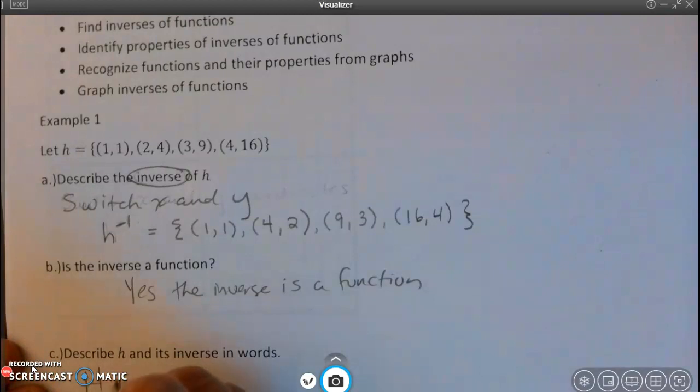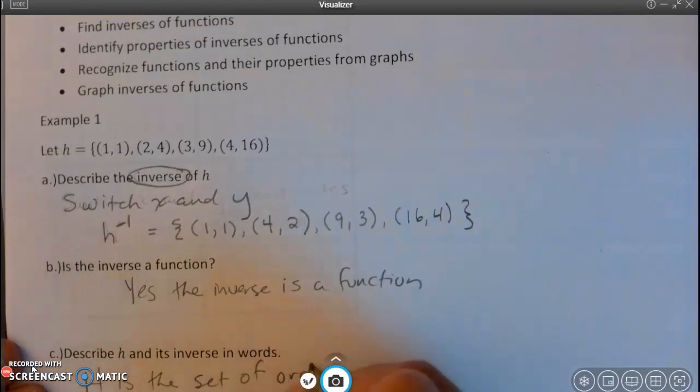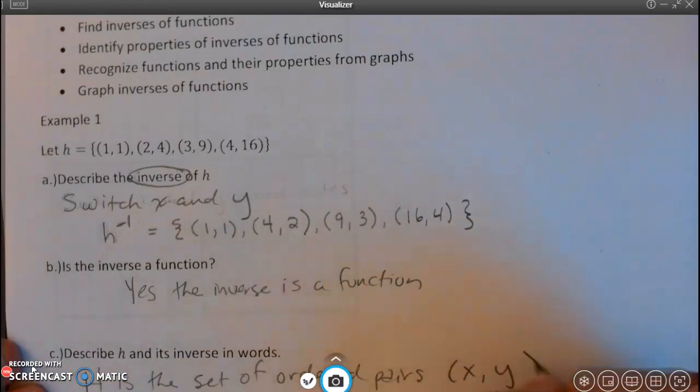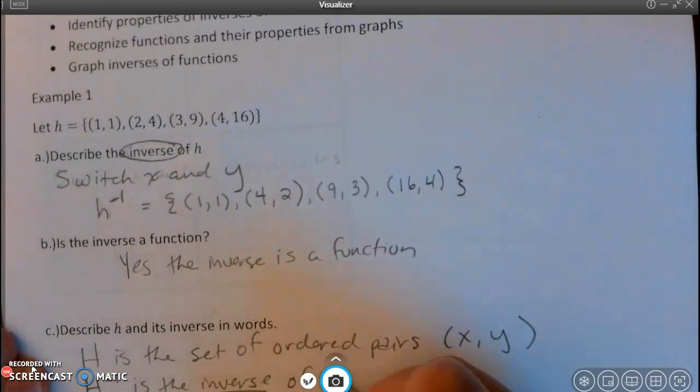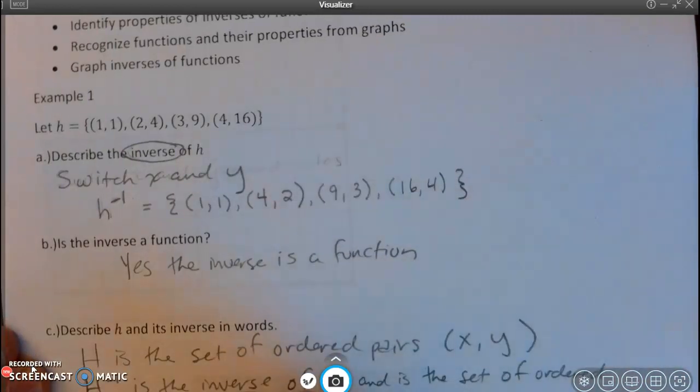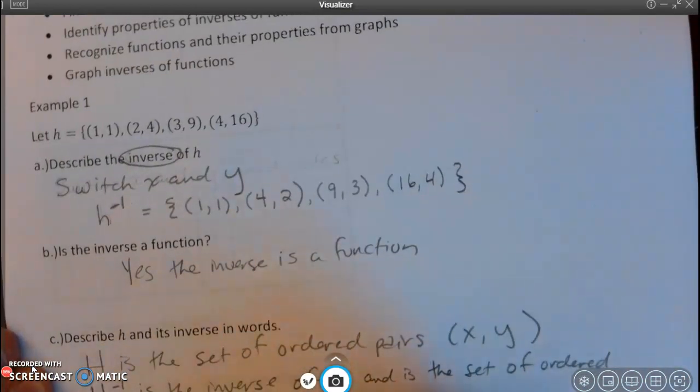So h is the set of ordered pairs (x, y). h to the negative first power is the inverse of h and is the set of ordered pairs (y, x).